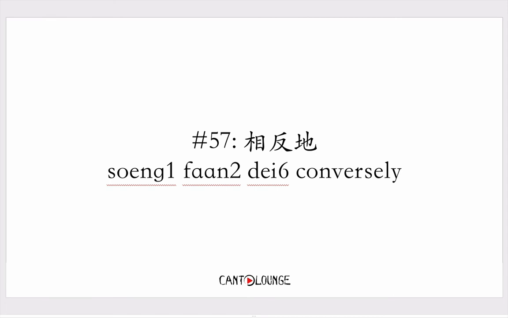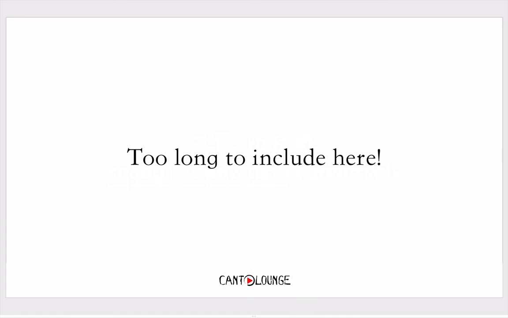And finally, we have 相反地, or conversely. Again, this is used only when you really want to speak Cantonese very eloquently, but I just included it in there for your reference in case you do want to use it. And well, here it is. Oh, and I actually forgot. This is actually too long to include because, conversely, usually even if you use it in English, it points to two fairly long sentences, and you want to contrast.